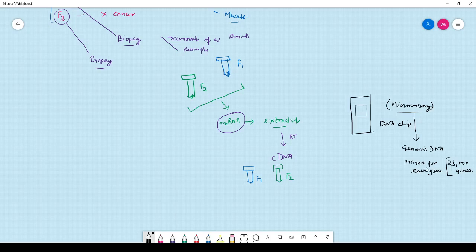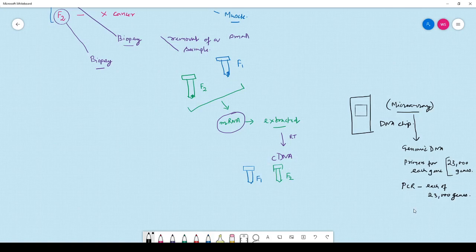Okay, so for each gene we have primers, and individually we do PCR for each of the 23,000 genes.